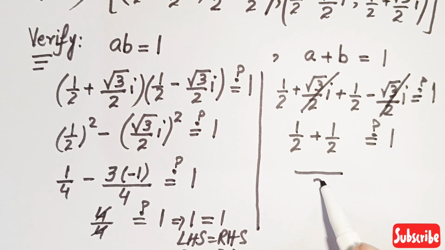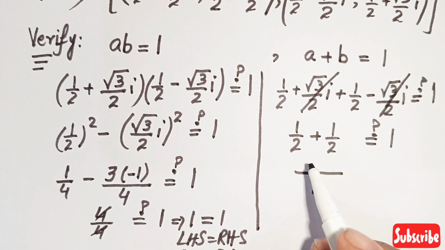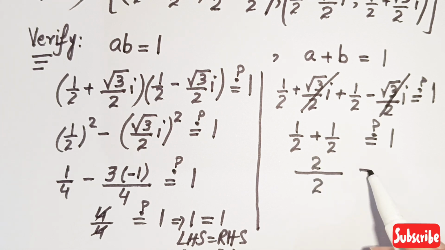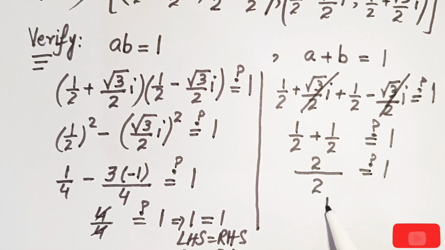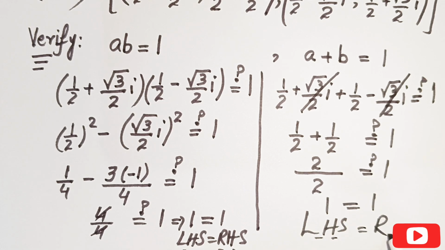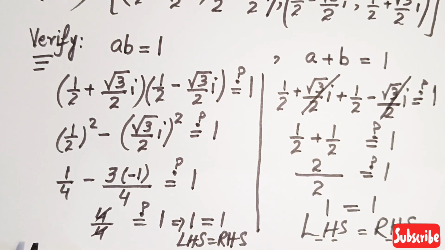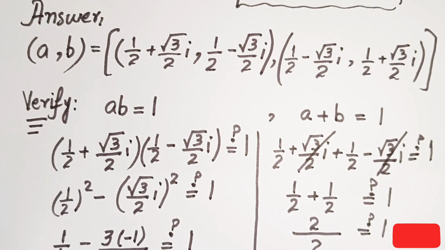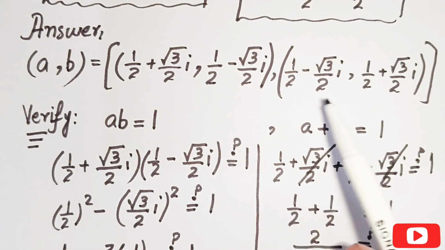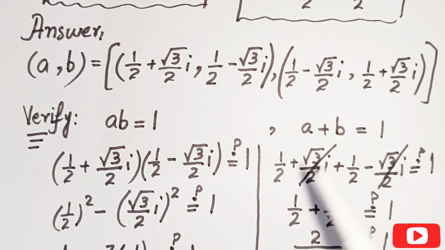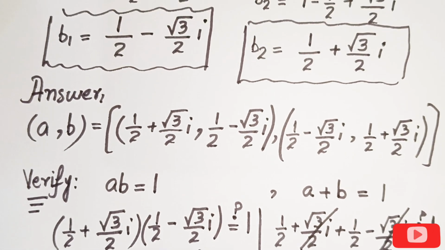So here 2 is the LCM, then 1 plus 1 is 2, that is 1, and 1 is equal to 1. Hence our left hand side is equal to right hand side. We have proved this pair for both equations, so you can also verify the second pair of this problem, which will be true for both equations.